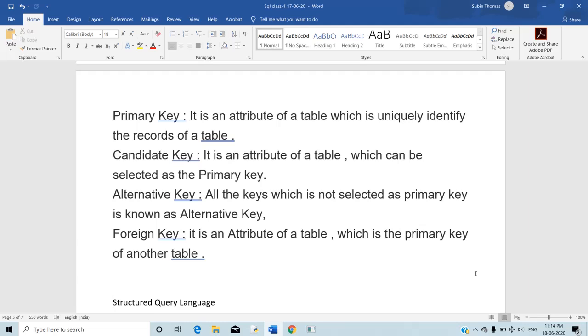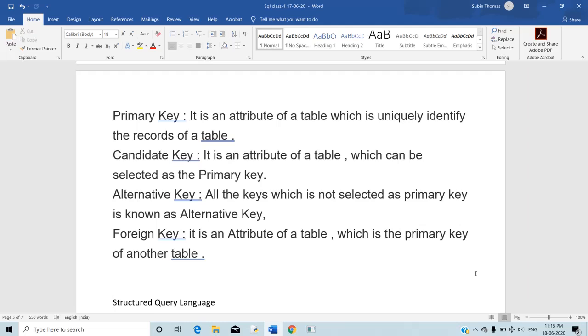In the employee table, every employee will get a separate employee code. Their identity depends on that employee number or employee code. Using that employee number, you can identify each employee in that table.